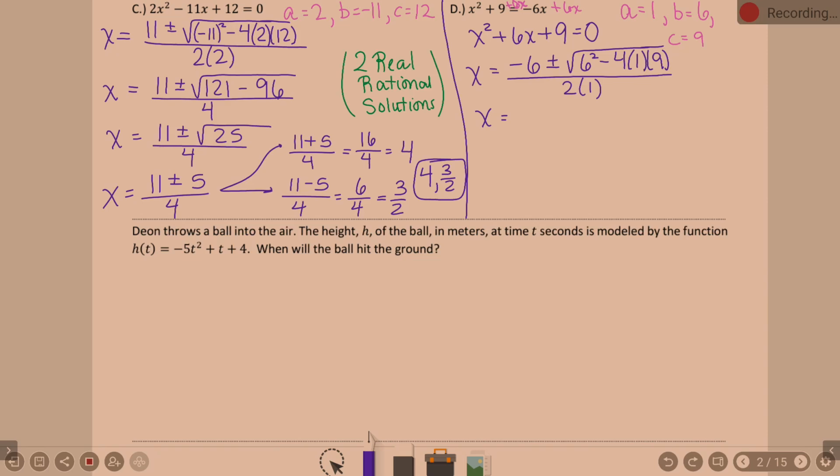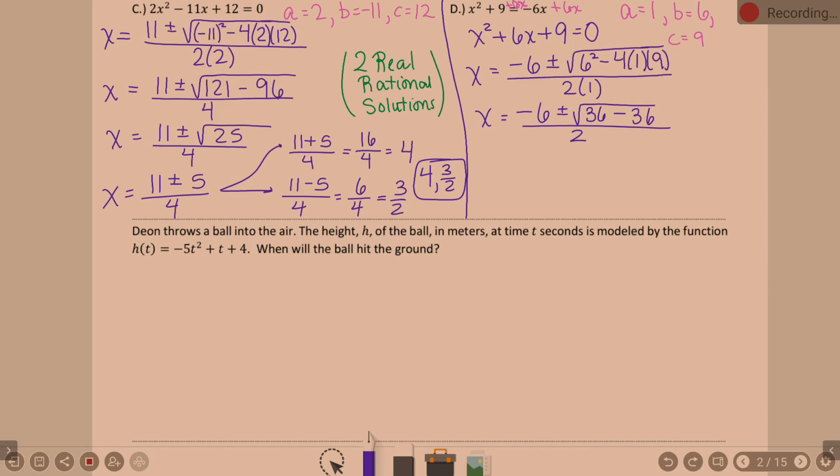Okay, continuing. Negative 6 plus or minus, what's going on under our radical? 6 squared is 36, minus 4 times 1 times 9, which is 36. All over 2. What is 36 minus 36? 0.